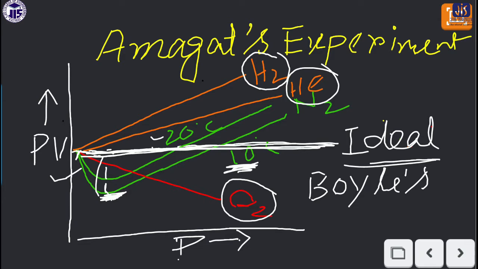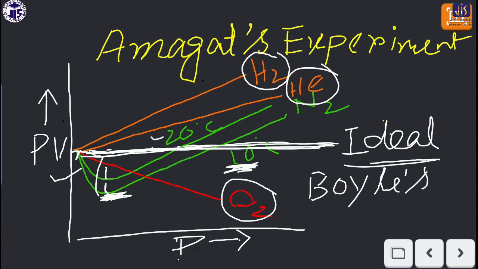Thus each gas obeys Boyle's law at at least one temperature over a certain range of pressure, isn't it? There will be a certain pressure where each and every gas obeys Boyle's law, and this temperature is called the Boyle temperature.